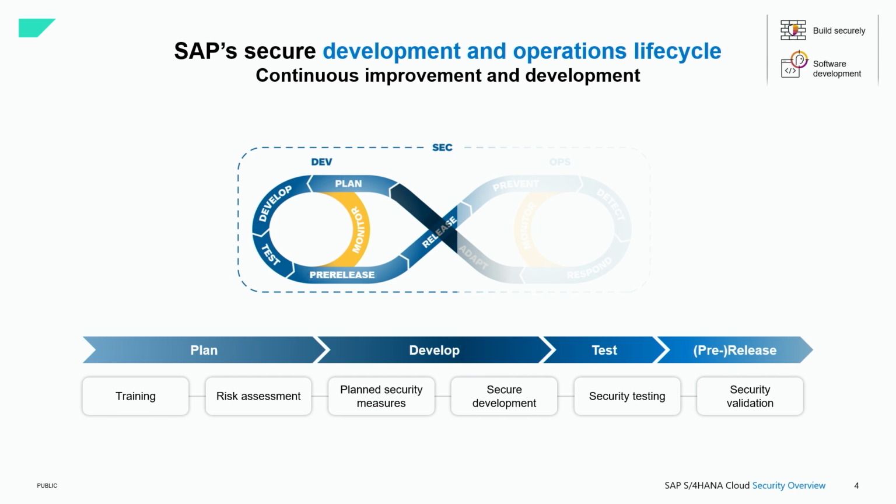What is important for all developments is a risk assessment prior to the development phase. What we do here is a threat modeling workshop. Threat modeling is a method we have created at SAP. It is based on the STRIDE methodology by Microsoft.